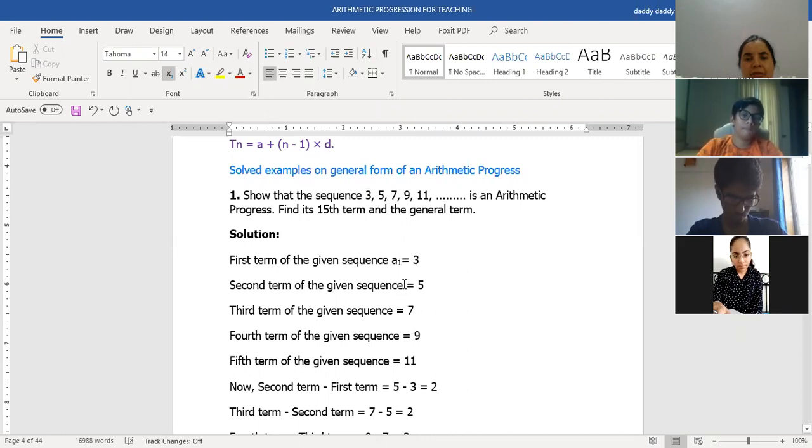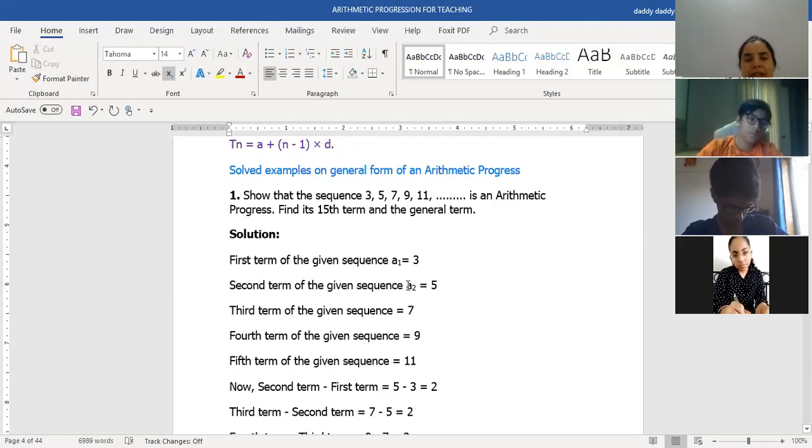For the second term, you can write A2, like this, with a subscript. For the third term, A3 and so on. So always 1, 2 and 3 are the subscripts. A1 means first term, A2 means second term and so on. So they have given us the first 5 terms. Now any 2 consecutive terms I'm going to take and find out the difference.